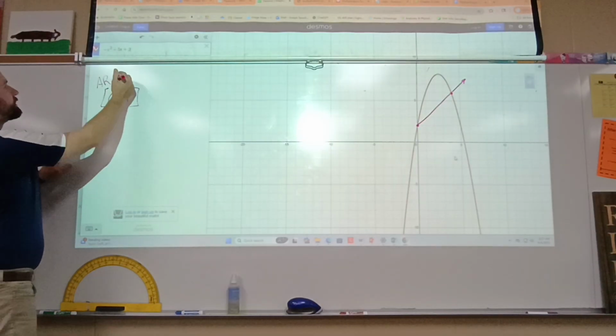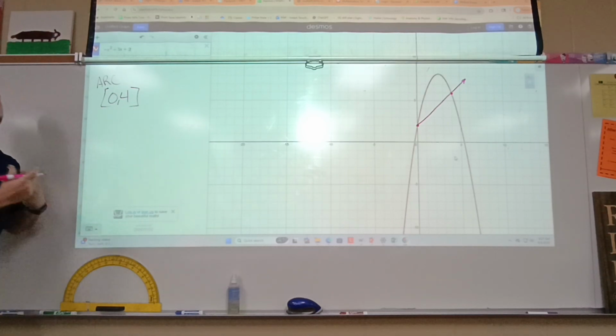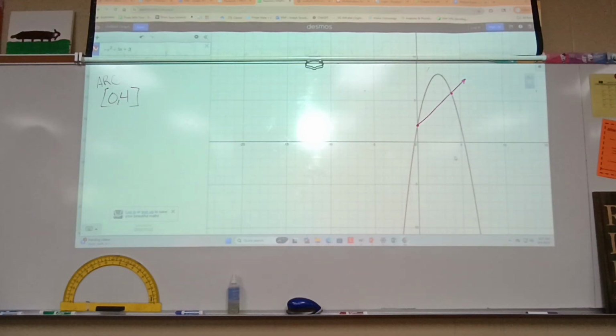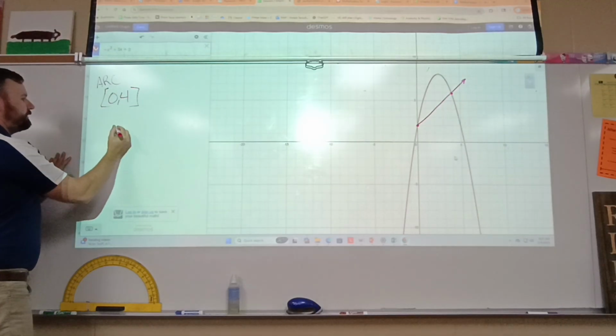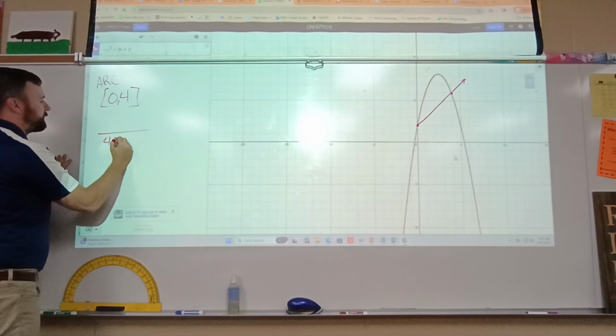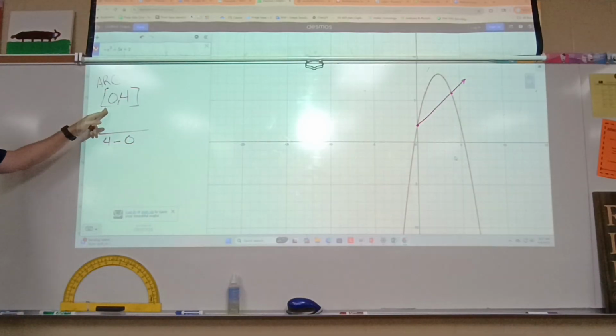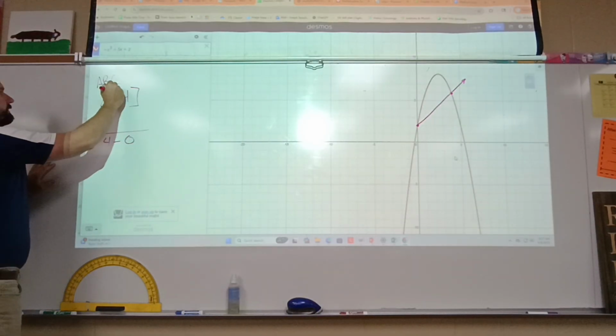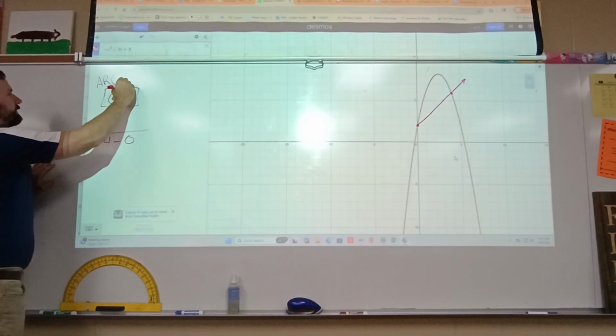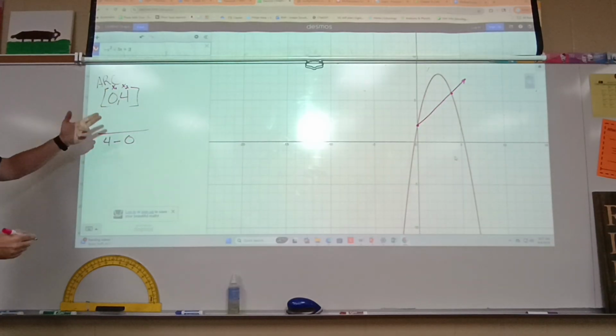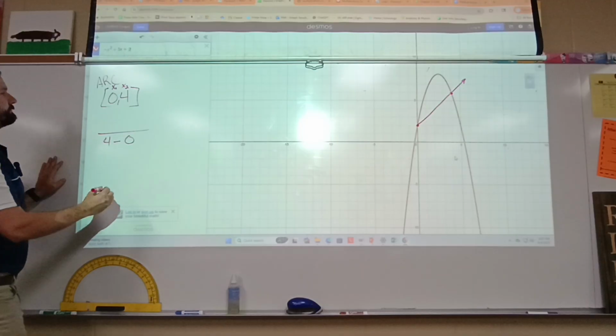So ARC of this function, I need 2 points. If I have 2 points, I can find the slope. Do I have my x values to find my slope already? Yeah, this is my x1, x2, right? How am I going to get my y values for it?